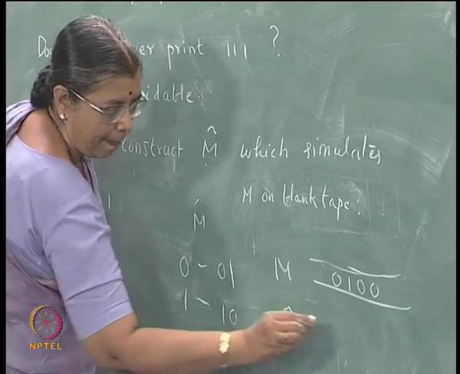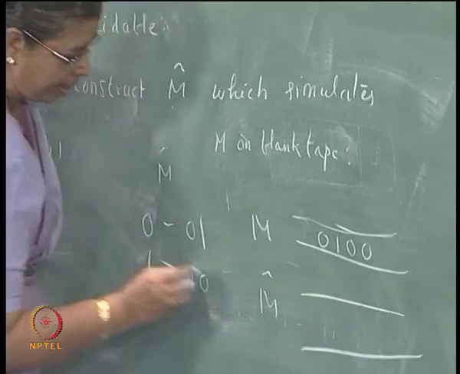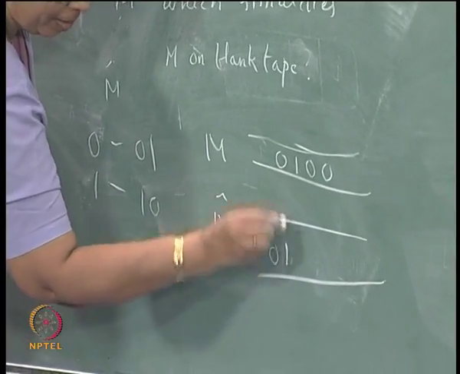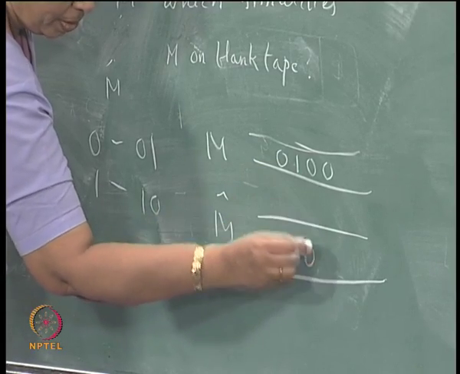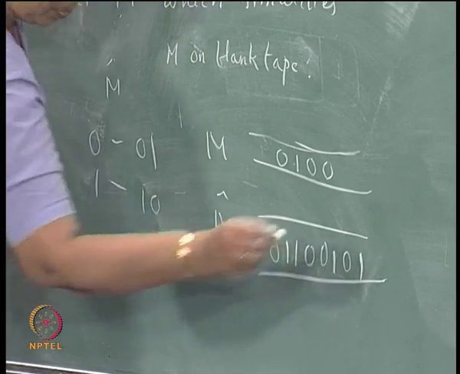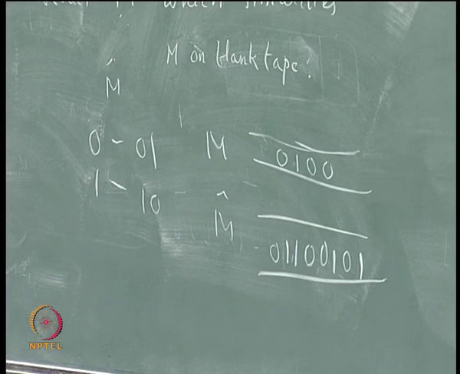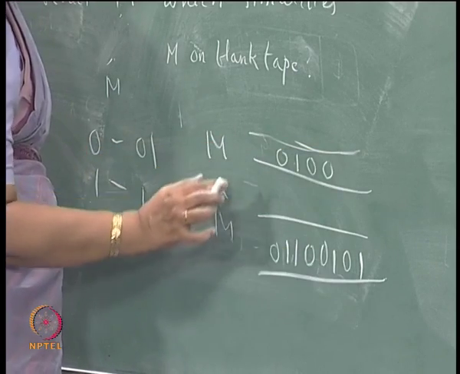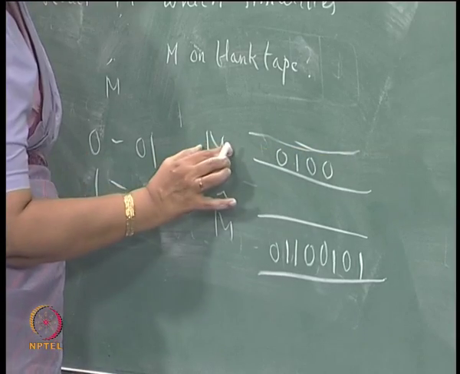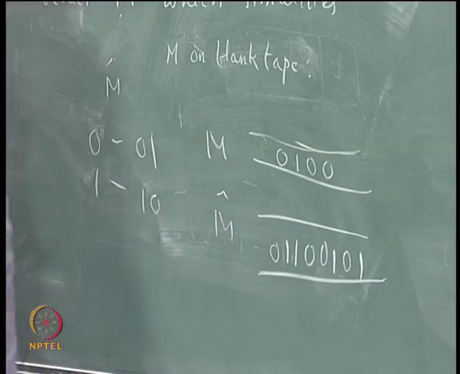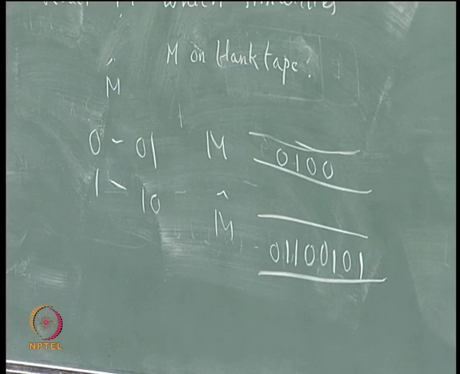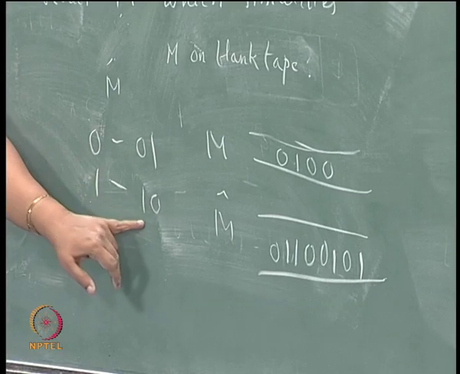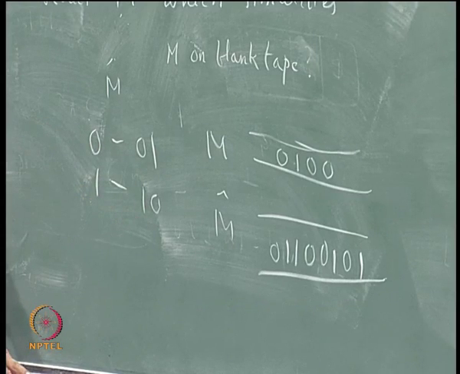In M cap I will have the tape where 0 is represented as 0, 1 and 1 is represented as 1, 0: 0, 1, 1, 0, 0, 1, 0, 1. Whatever non-blank portion of the tape is there for M, in M cap if you represent it, it will not have 3 consecutive ones, because 0 is represented as 0, 1 and 1 is represented as 1, 0.